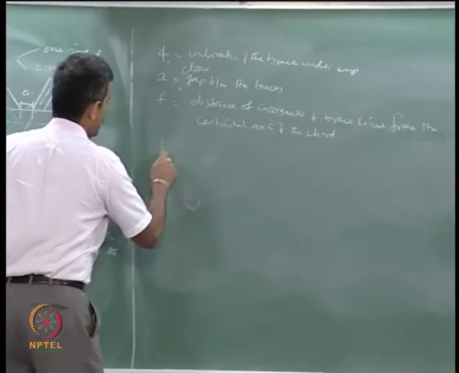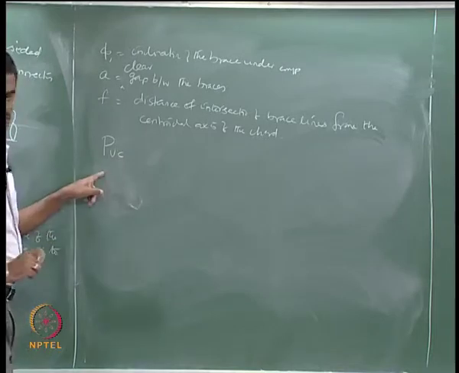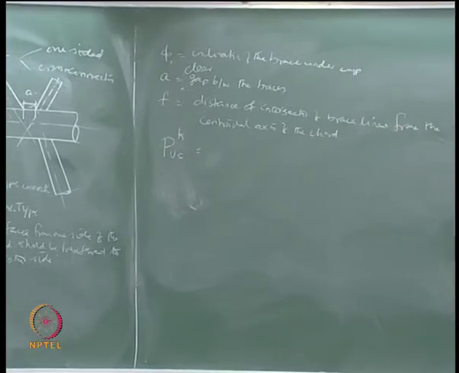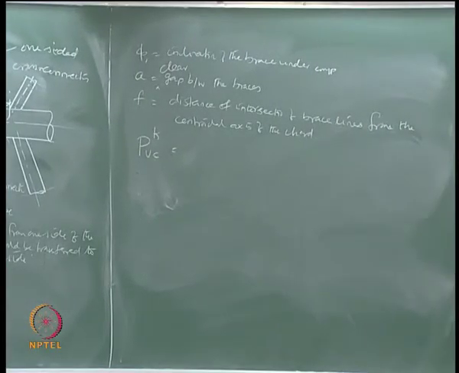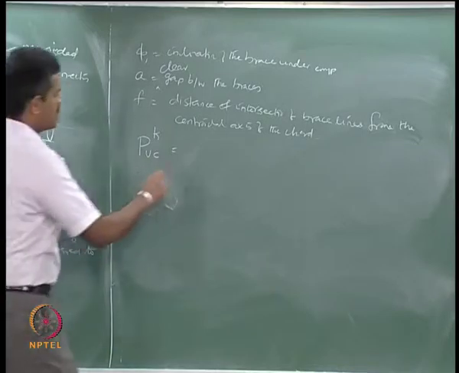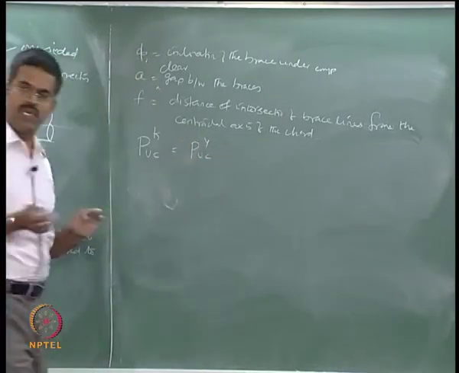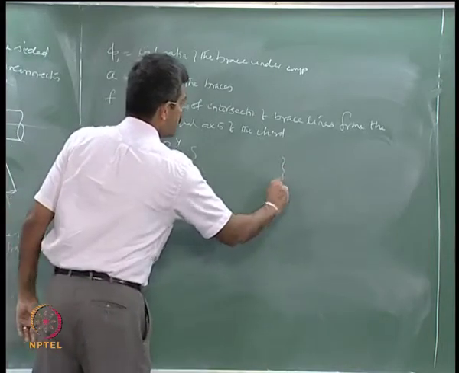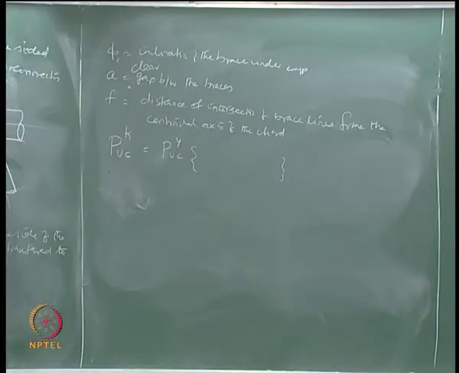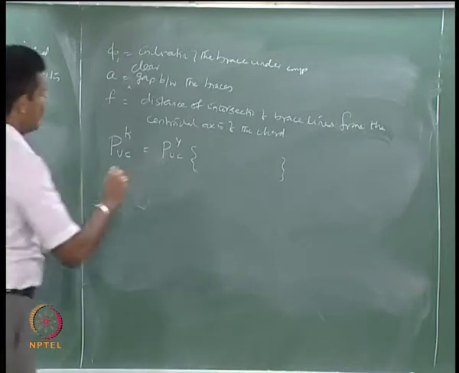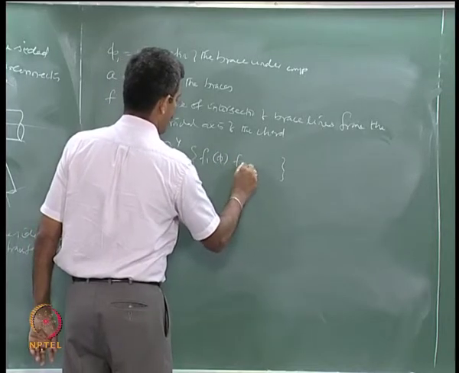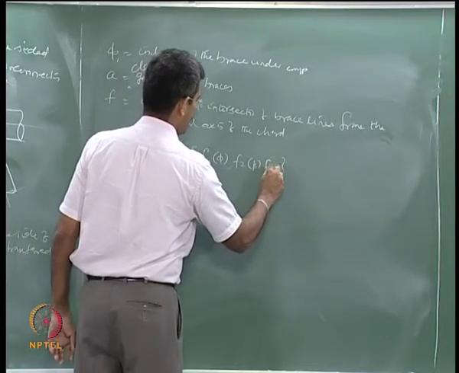Therefore they say the ultimate strength in compression of a K joint is similar to that of the ultimate strength in compression of a Y joint, because I am ignoring the tensile brace, it is like a Y joint, provided I multiply this with certain factors which are F1 of phi multiplied by F2 of beta multiplied by F3 of A.